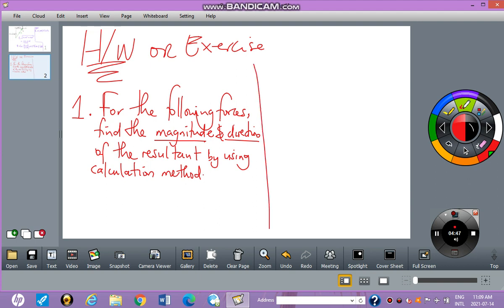Right, so we are going to look for the resultant, the direction and the magnitude, and this time we are still using our calculation method.